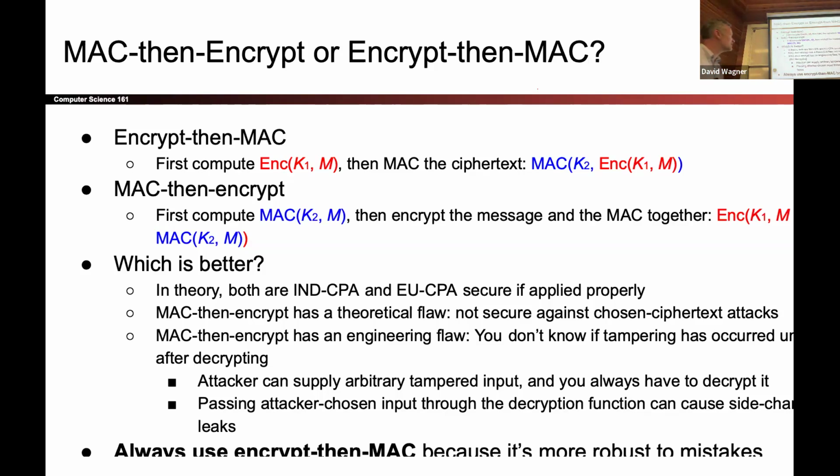And there's also an engineering reason not to use it, which is Bob gets a ciphertext, and he can't verify the MAC tag until he's decrypted. So the first thing Bob has to do is decrypt. And Bob is decrypting this message before knowing whether it's authentic or not. So Bob could be decrypting stuff chosen by the attacker, Mallory, and doing stuff with that.